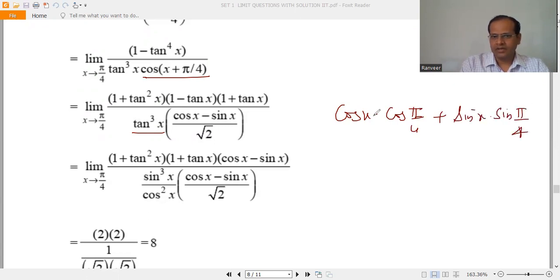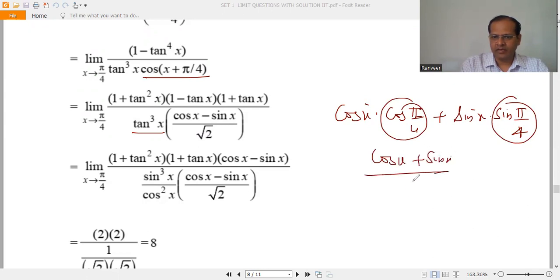You will do cos a into cos b plus sin a into sin b. So this, when we do, this is cos x, this is root 2, this is 1 by root 2. So this is cos x plus sin x by root 2. The minus sign is here, definitely, because this is cos a plus b, so minus will come. So that's why this term came. After that, we have to substitute the value here. Sin cube x cos square x.